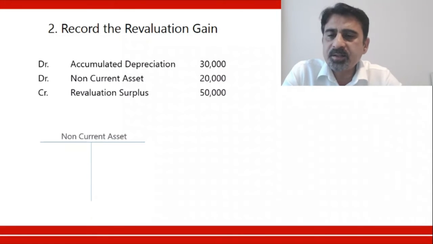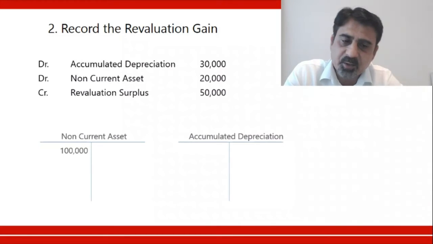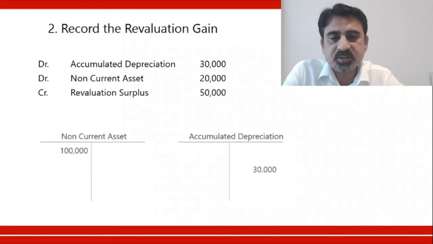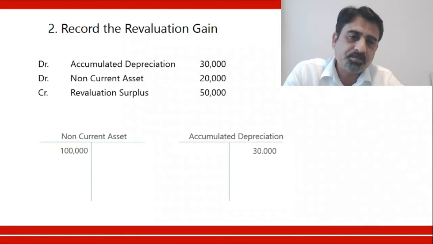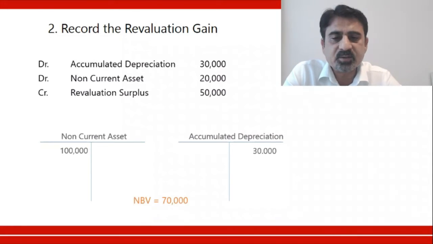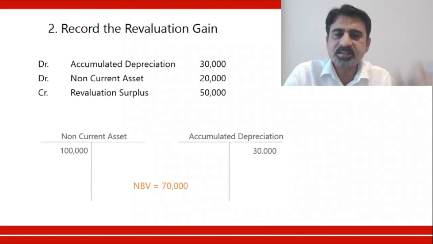So we had non-current asset which is showing 100,000 as cost, and then we have accumulated depreciation which shows 30,000 on the credit side, and this gives us the non-current asset debit minus accumulated depreciation 30,000. The net book value of 70,000 is given to us. Now what has happened?